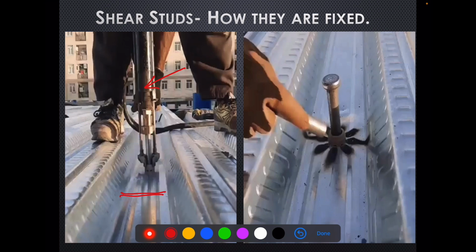What is happening here is we have provided this sacrificial deck slab shuttering material in this shape, and this is the shear stud. This is the shear stud gun, and this is the shear stud.